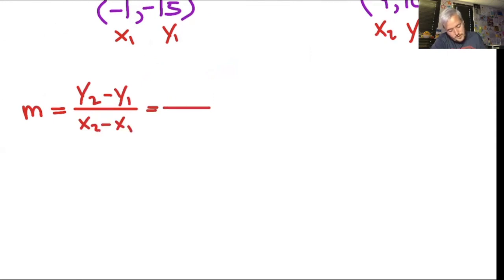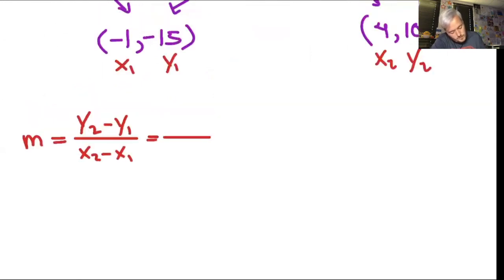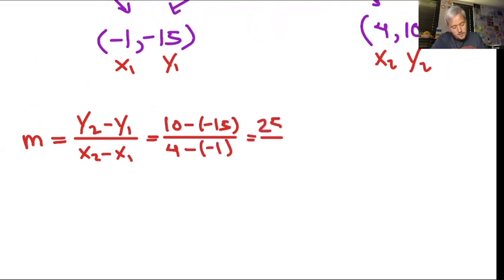All right, so y2 minus y1. So 10 minus negative 15 over 4 minus negative 1. All right, so 10 minus a negative 15 turns into 10 plus 15, which gives you positive 25. And then 4 minus negative 1, which turns into 4 plus 1, which gives you 5. Simplify, and you have a slope of 5.